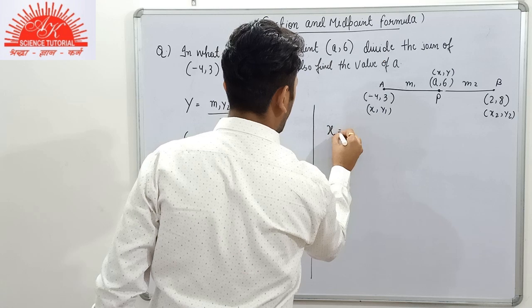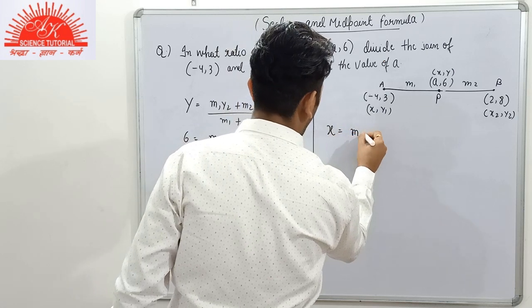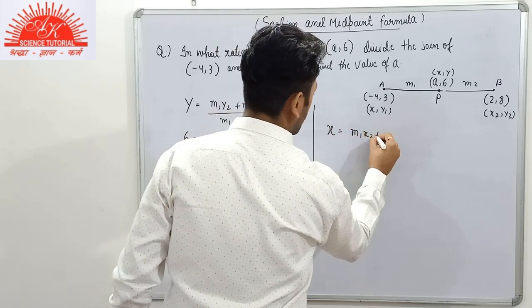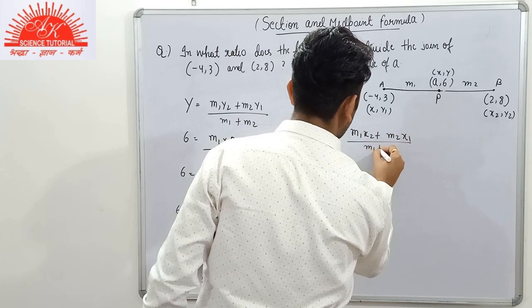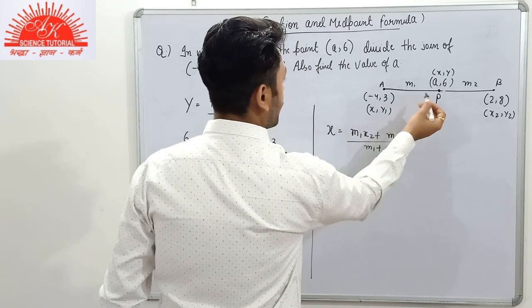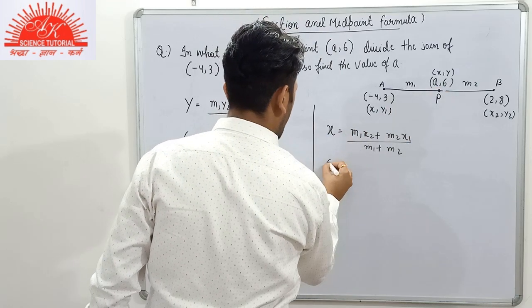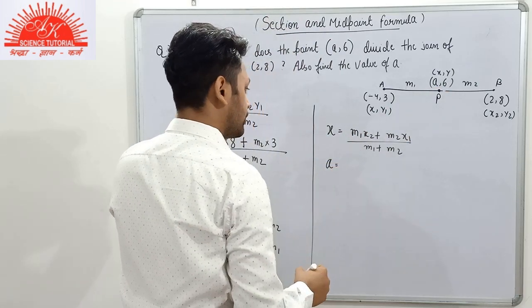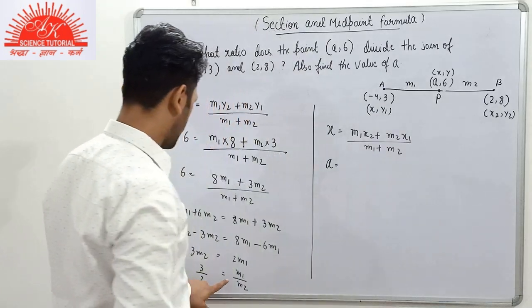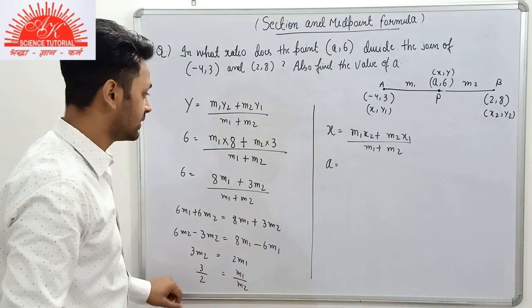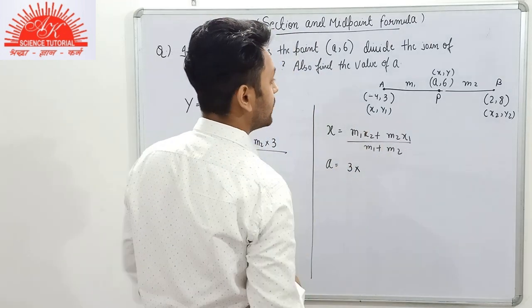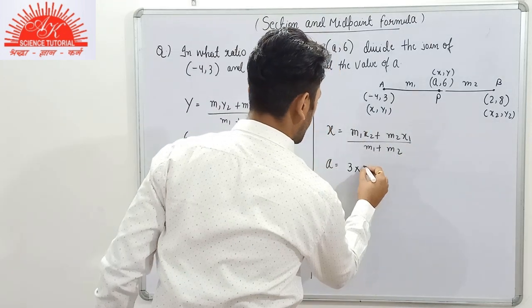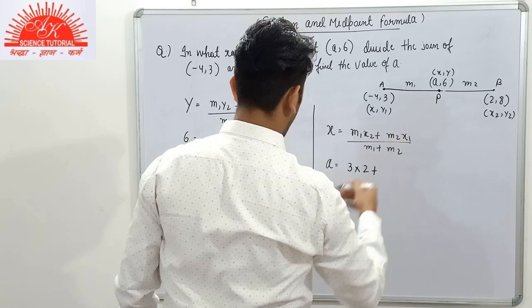So we will again use the formula x is equal to (m1 x2 plus m2 x1) by (m1 plus m2). The value of the abscissa, that is x here, is a. Now we will substitute the value of m1 x2. We have obtained the value of m1 as 3, so 3 multiplied by x2. The value of x2 here is 2. Again m2 is multiplied by x1.